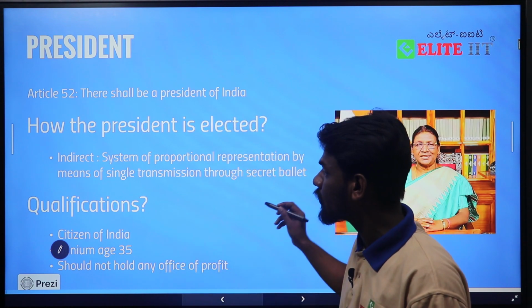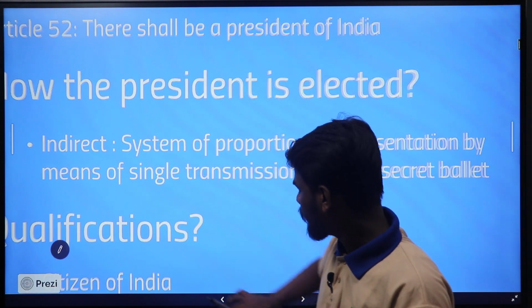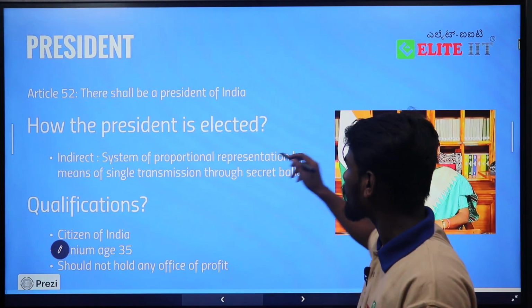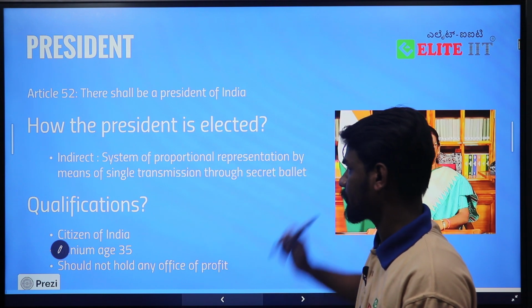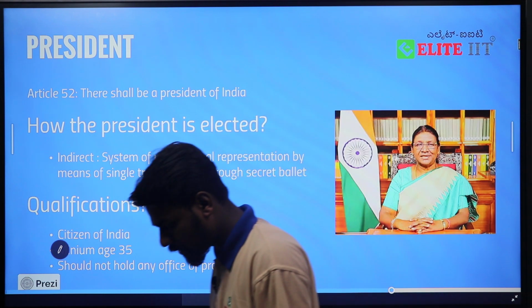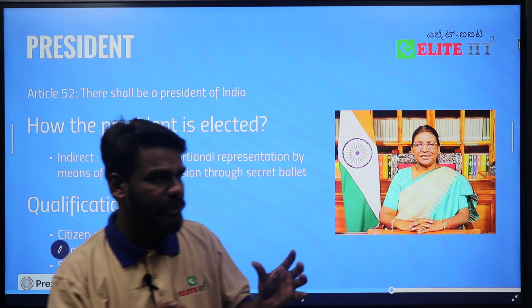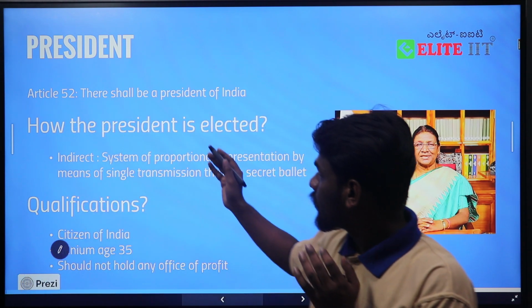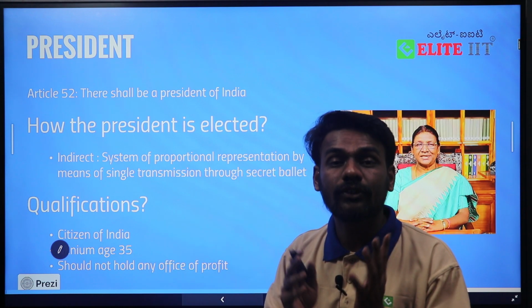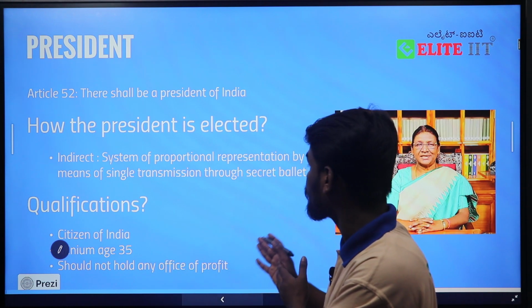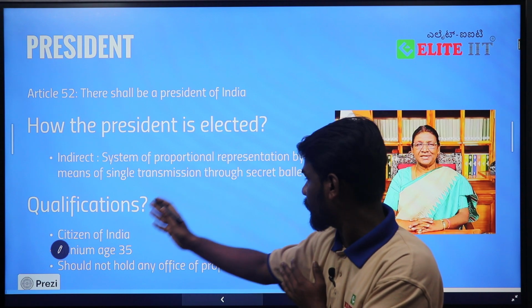This system is called the system of proportional representation by means of single transferable vote.